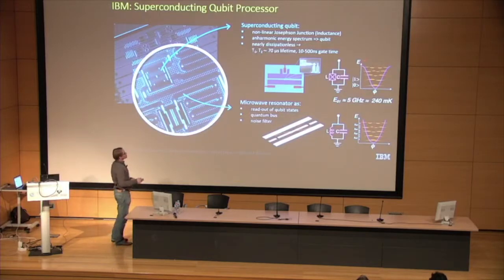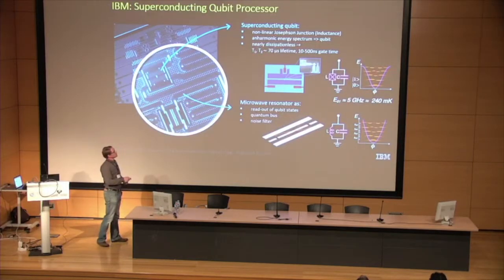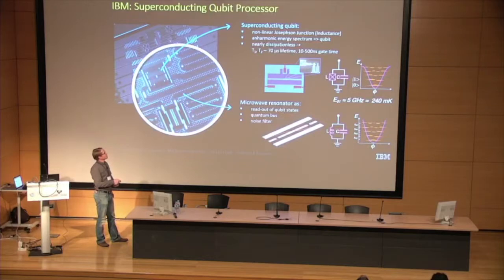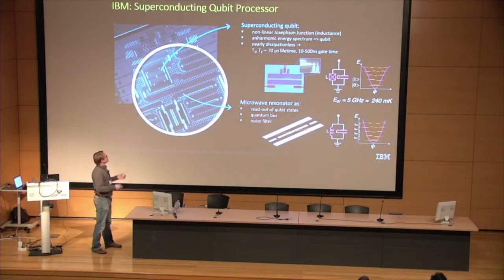The qubit itself is an anharmonic system. We have zeros and ones separate from the rest of the spectrum, and we get this by introducing a nonlinear inductance in this system. With this we get the qubit, and just for the numbers here, we are currently at about 70 microsecond lifetimes and about 10 to 500 nanosecond gate times.